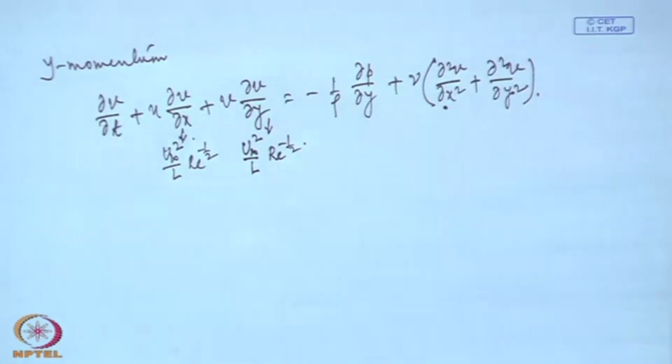Y is also there, no? V dV dy: V and y both are Re to the power minus half. V is Re to the power minus half, y is also Re to the power minus half. So, one Re to the power minus half gets cancelled.